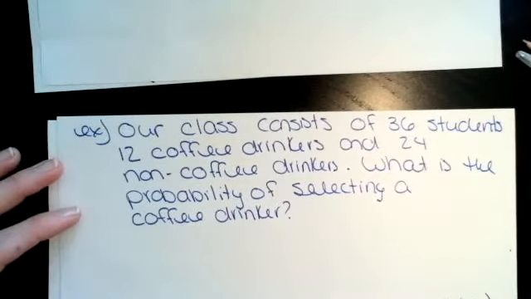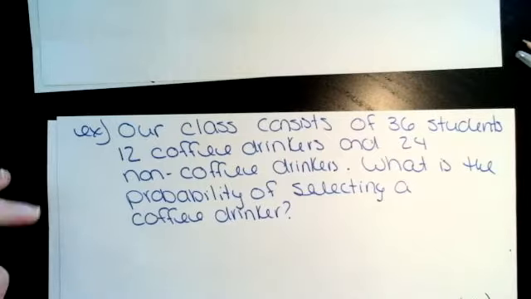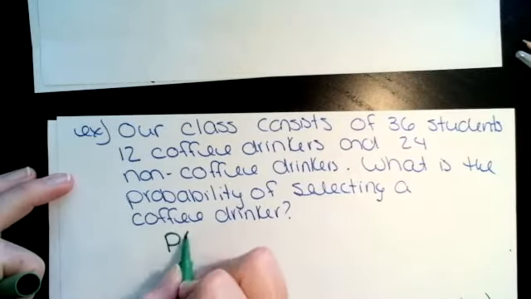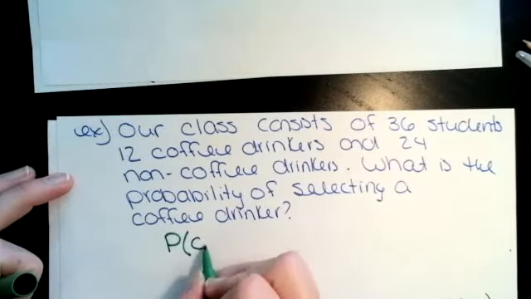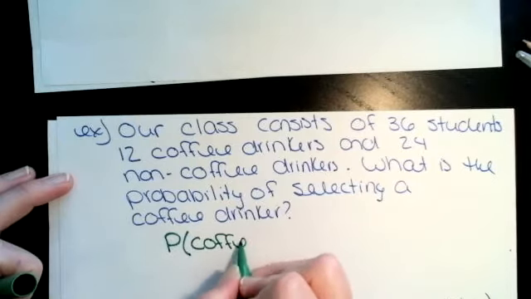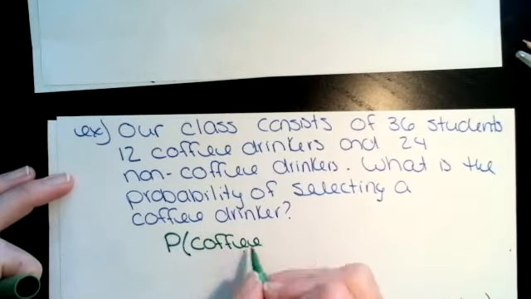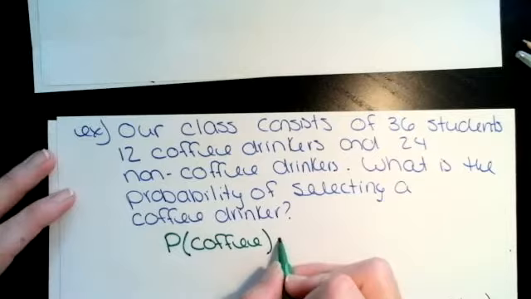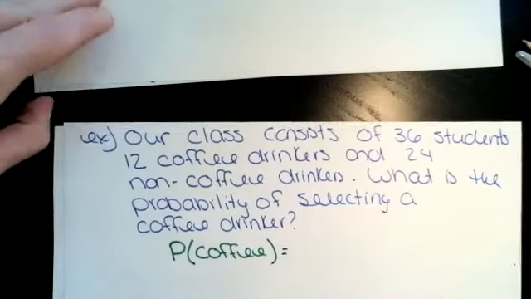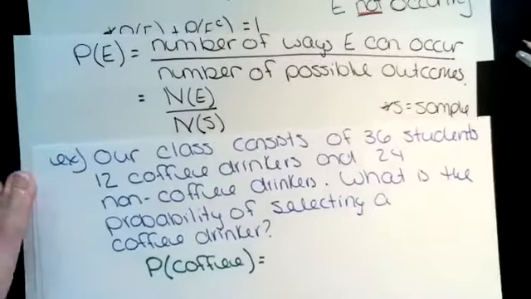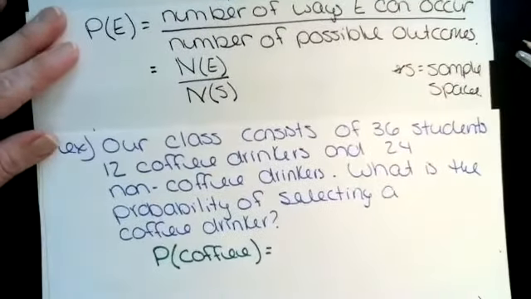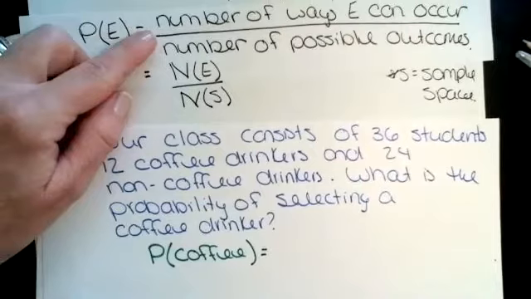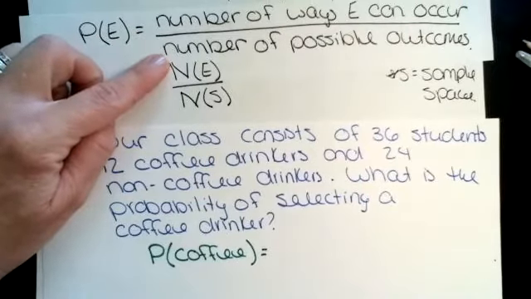So I'm going to write my notation out here. I'm looking at the probability of a coffee drinker, right? You can abbreviate, you can write it out, you can write P of C, that would even make sense. Whatever suits you, okay? I'll leave that up to you. Now, remember what I said on the previous page, that it's the number of ways E can occur, divided by the number of possible outcomes.